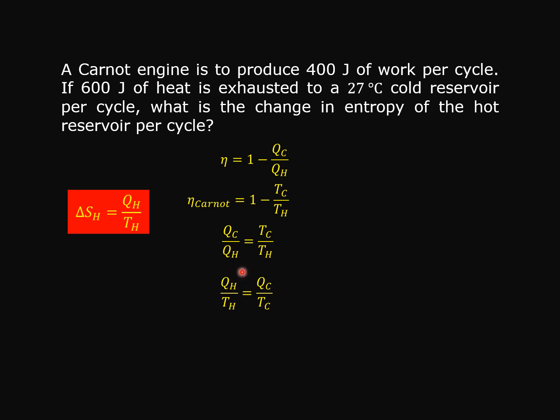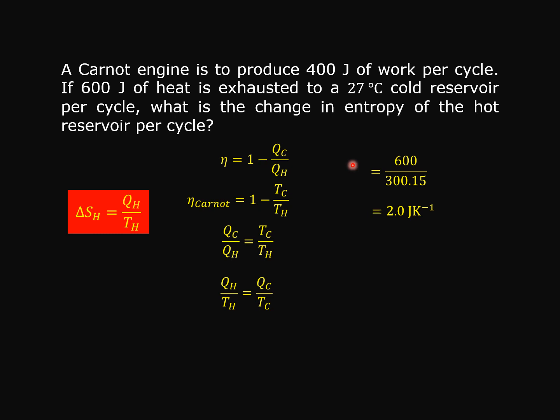So now we can evaluate the entropy change of the hot reservoir for a Carnot engine through the entropy change of the cold reservoir for the Carnot engine. The QC and the TC values are given in the question.